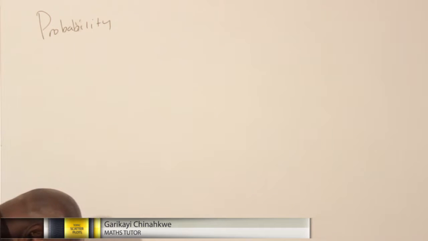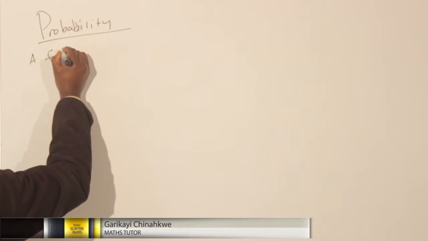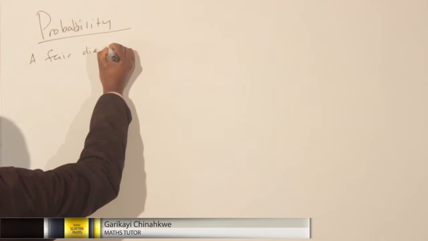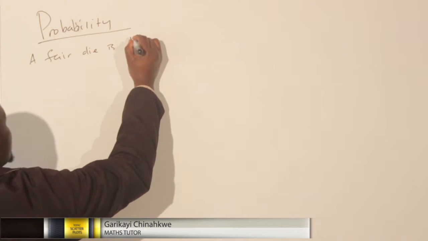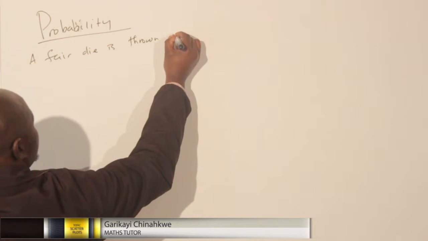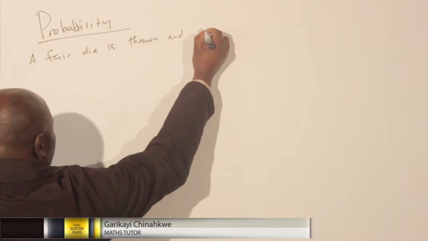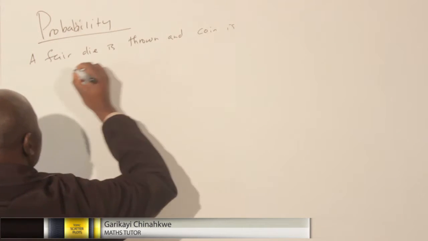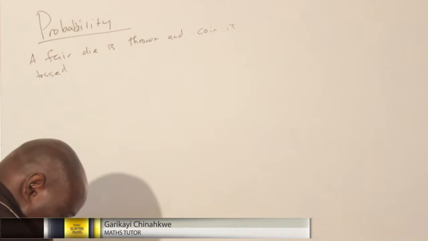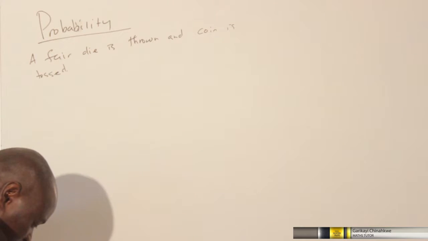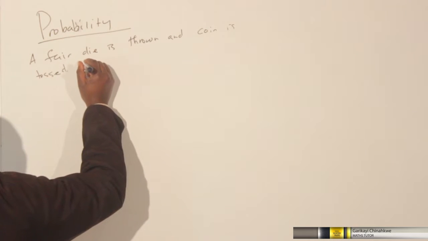They say a fair die is thrown and a coin is tossed. And the question is to determine the probability of obtaining a tail and a 3, when the die is thrown and the coin is tossed simultaneously.